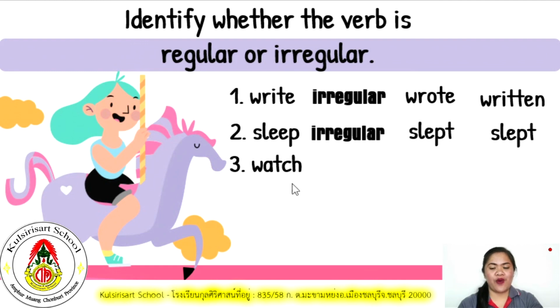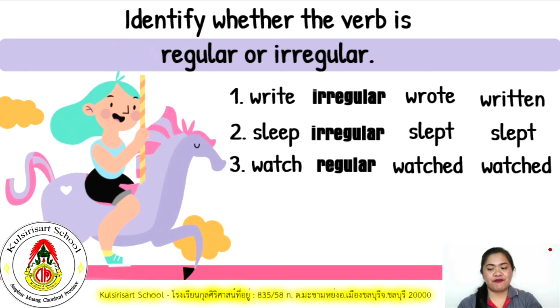Next, number 3. The verb is watch. Is it regular or irregular? Very good. It is regular. Why? Because when you're going to transform it to its past form, you are just going to add ed. It will become watched. And in its past participle form, watched. The same with its past tense. Now, we have another verb, number 4.